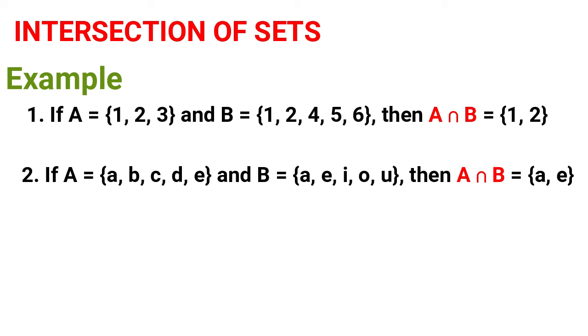Number 2. If A is equal to {A, B, C, D, E}, and B is equal to {A, E, I, O, U}, then A intersection B is equal to {A, E}.